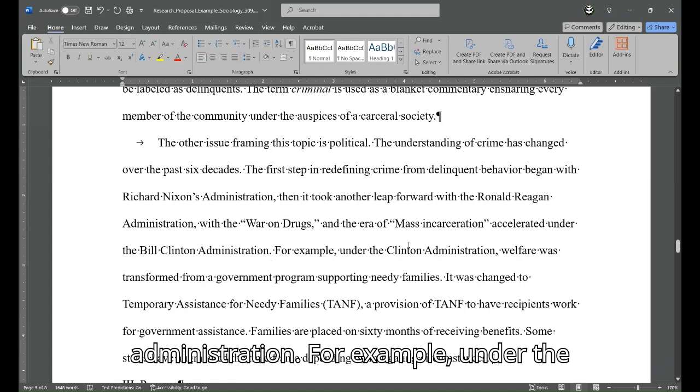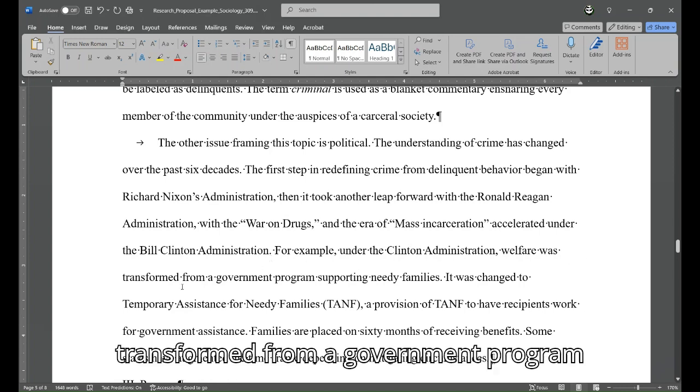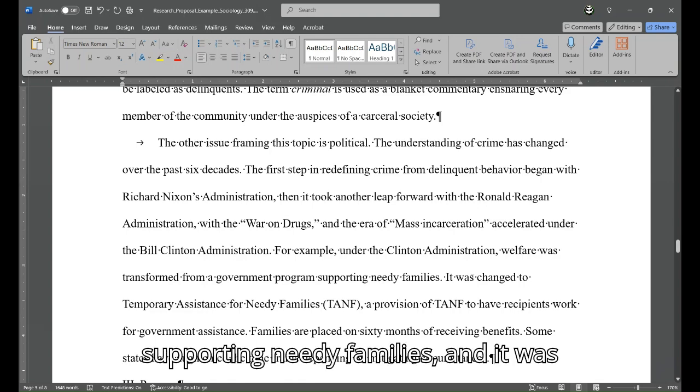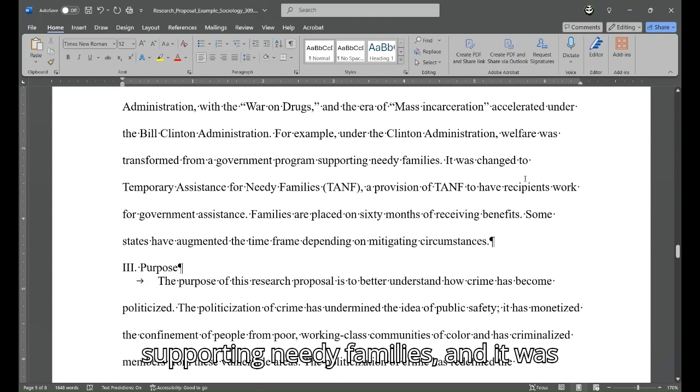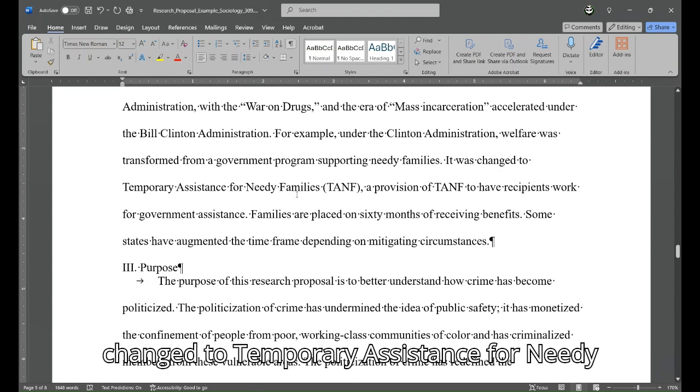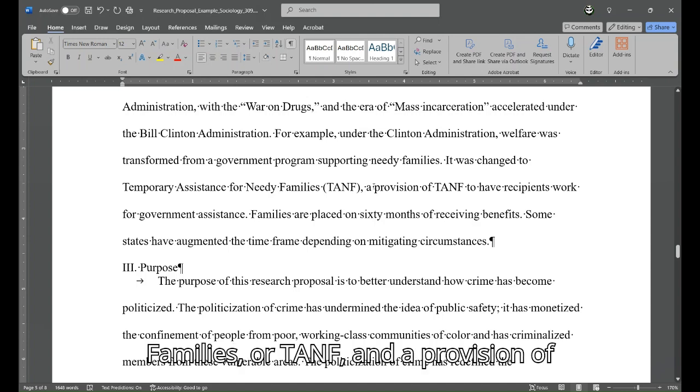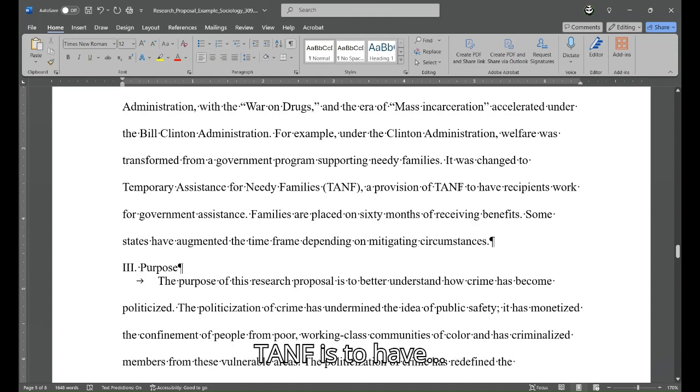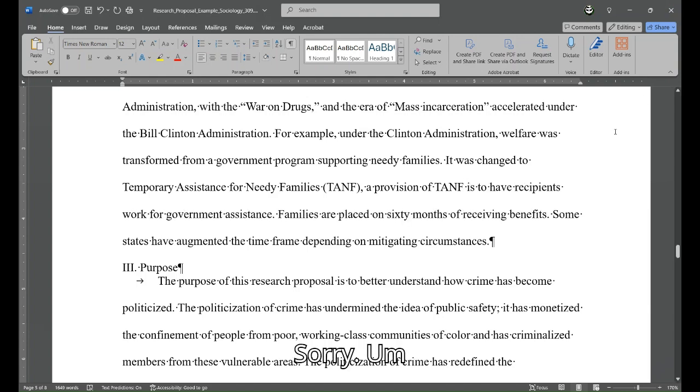For example, under the Clinton administration, welfare was transformed from a government program supporting needy families to Temporary Assistance for Needy Families, or TANF. A provision of TANF is to have recipients work for government assistance.